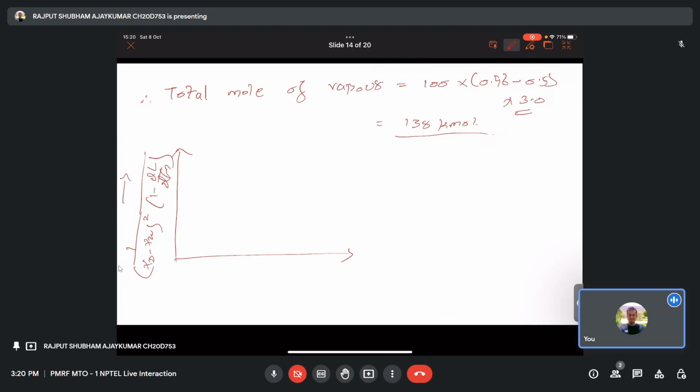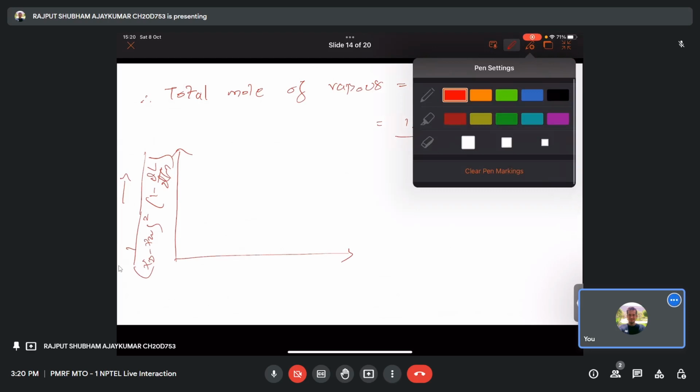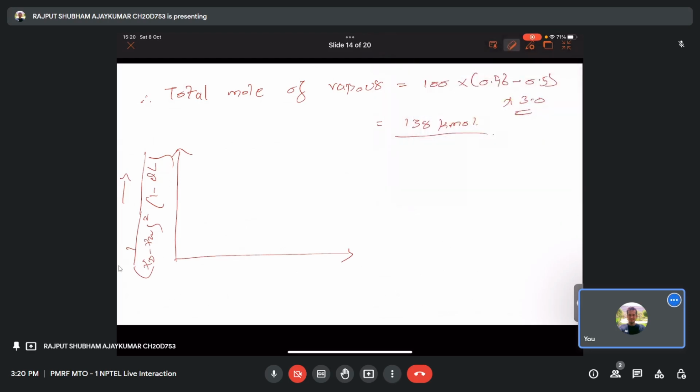Sorry, this is the y-axis, and the x-axis will be xw. If you plot by taking all the data, there will be multiple points, and you determine the area under the curve.